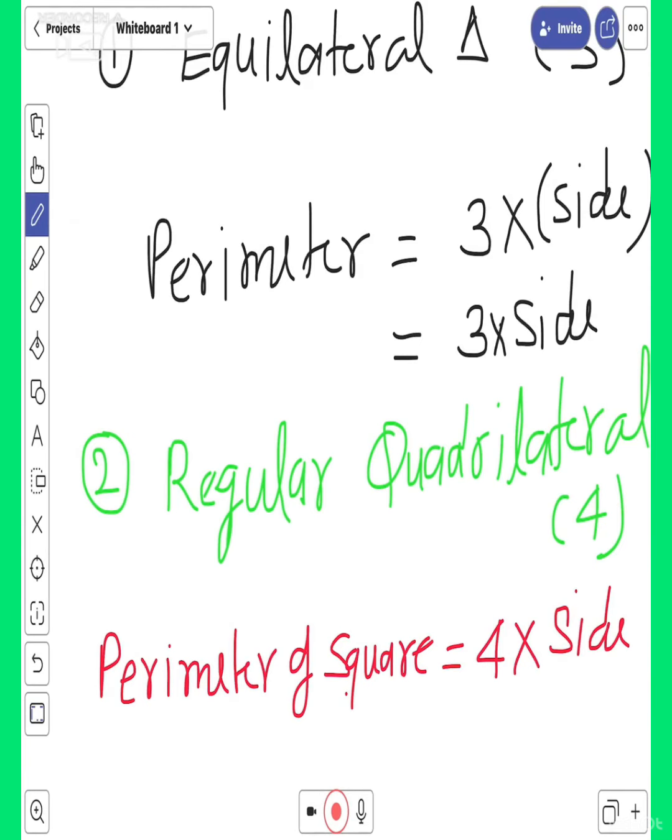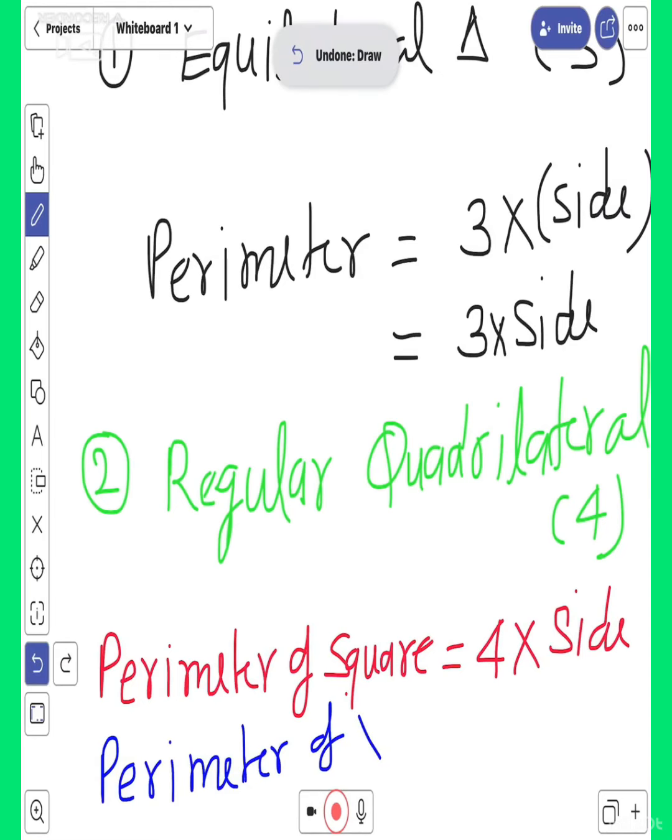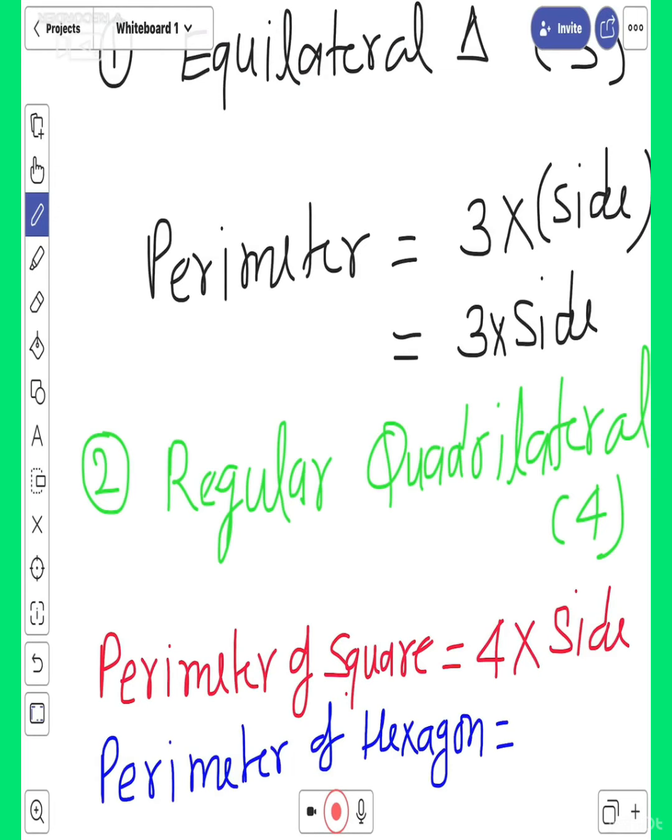So you can write here perimeter of regular hexagon. How many sides in the regular hexagon? 6. So you can write 6 into side.